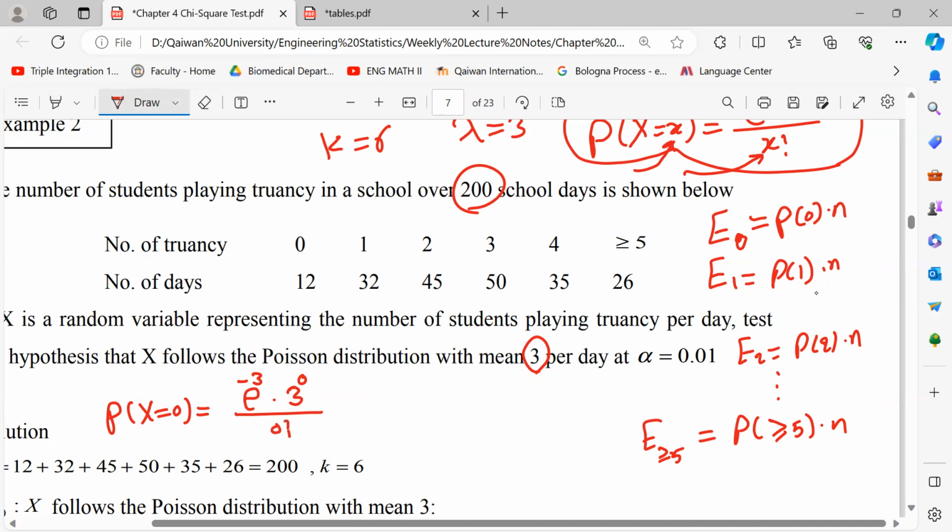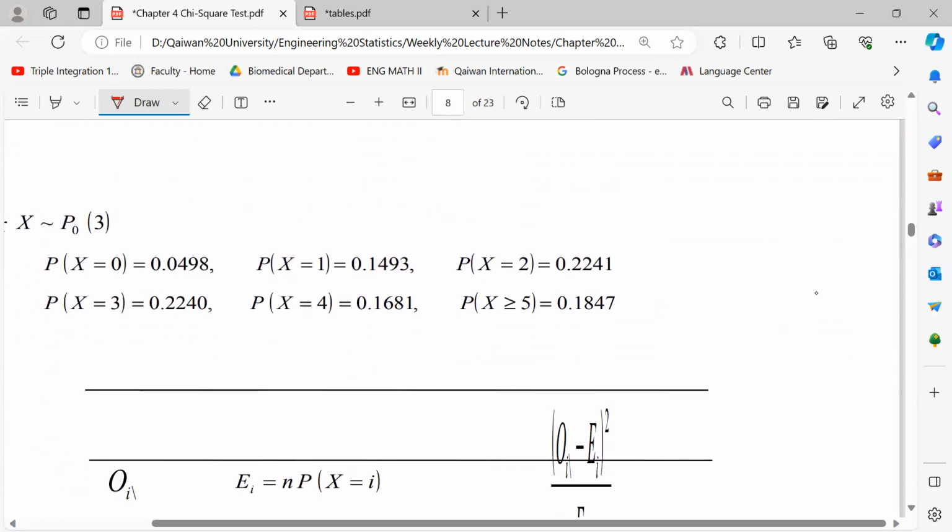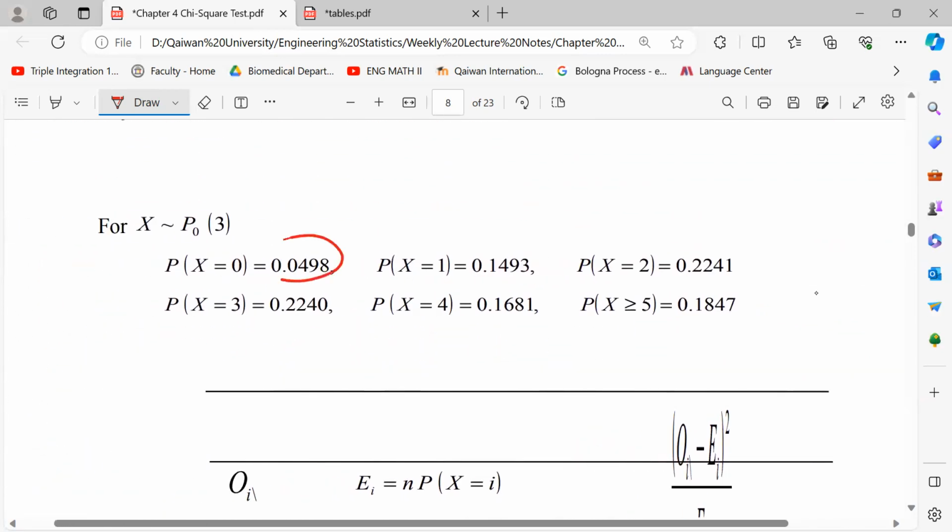What's 0 factorial? It's 1. So 3 to the power 0 is 1, and the denominator is 1. We get 1 over e to the power 3. Calculate this and you'll get a value, and the value is given here. This is probability of 0.